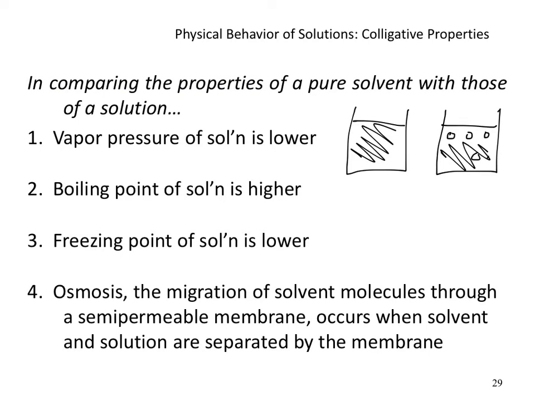So the vapor pressure of the solution is lower, the boiling point is higher, the freezing point is lower, and we'll also talk about osmosis, how it affects the osmotic pressure across the membrane.